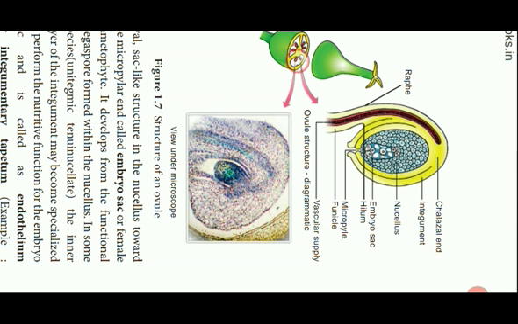The placenta is nothing but the fleshy portion of the ovary. The point of attachment of the ovule to the placenta, the junction, is called the hilum.